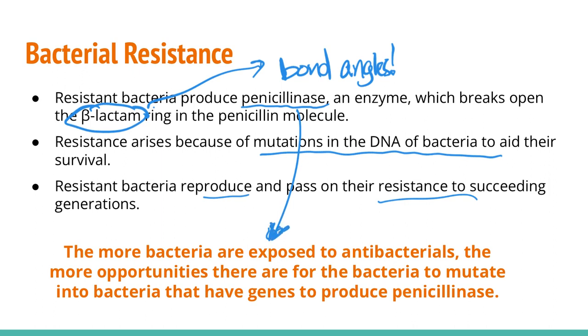And the more that we expose bacteria to antibacterials, the more opportunities there are for the bacteria to mutate into bacteria that have genes that are going to produce this penicillinase. So it's really important to only take penicillin when we absolutely have a bacterial infection that requires us to get rid of it.